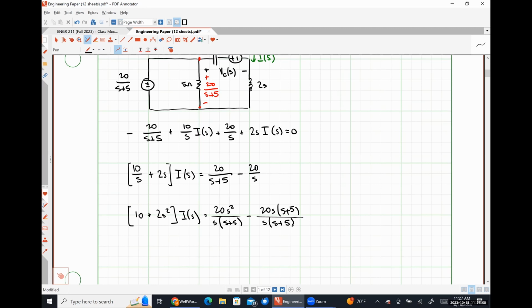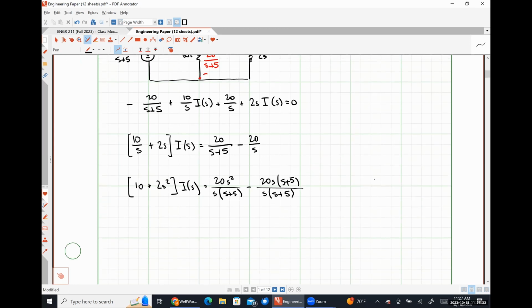This is multiplying by this S as well as multiplying by an S to get rid of this thing. This is just me coming up with a common denominator. And the S right here is for multiplying through by S to clear that fraction. And then I've got the S plus 5 over S plus 5.